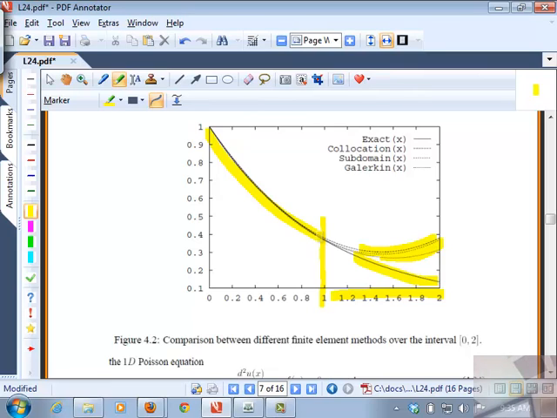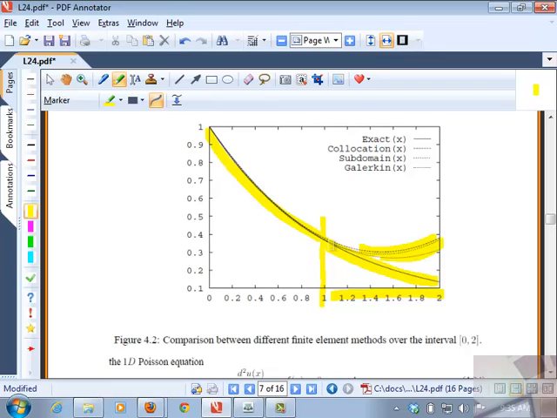Okay, but I resolve the problem by saying I'm going to construct a separate different function in this domain from 1 to 2. So my residual integration limits go from 1 to 2 instead of 0 to 1 or 0 to 2. But I'm going to use the same quadratic equation. But these are 2 different coefficients for this domain. So in each domain I will have a local function. The coefficients of those local functions will change from point to point. Okay, that is the idea behind the finite element method.